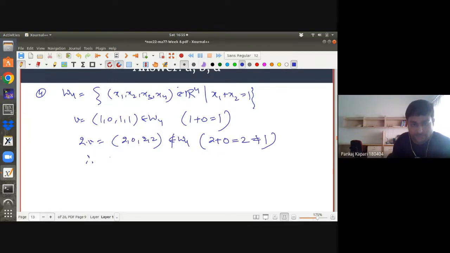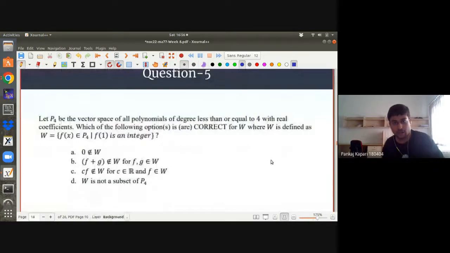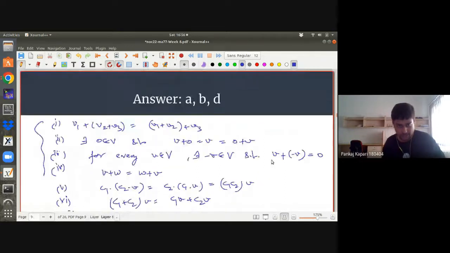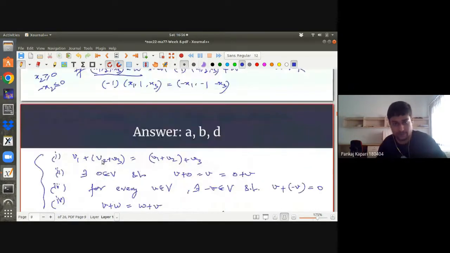So W4 is not a subspace of R4. So what are the correct answers here? A is correct because this is not a subspace. B is correct, this is not a subspace, and D is correct, D is also not a subspace. Only C is a subspace.